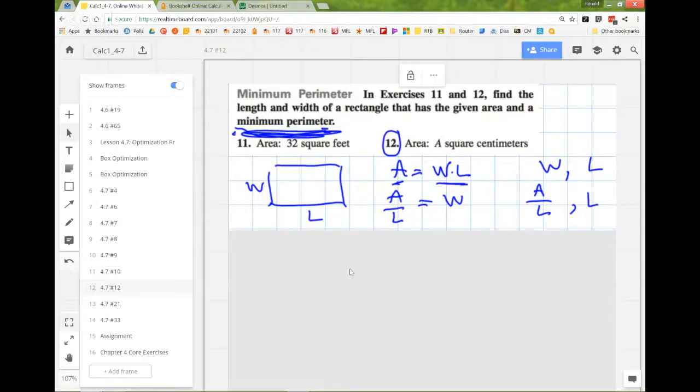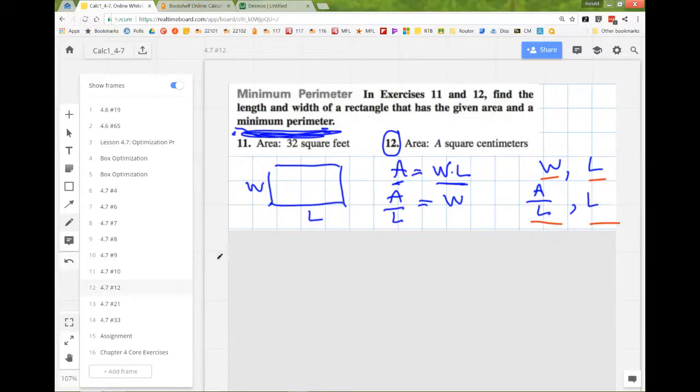And again, we want to get rid of the W, so we only have one letter to deal with here. So if we solve for W, we get A over L. So we started off with width and length, but we've gotten it down to just this constant A and one variable, L.